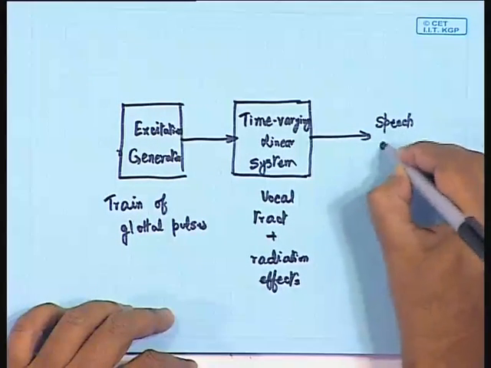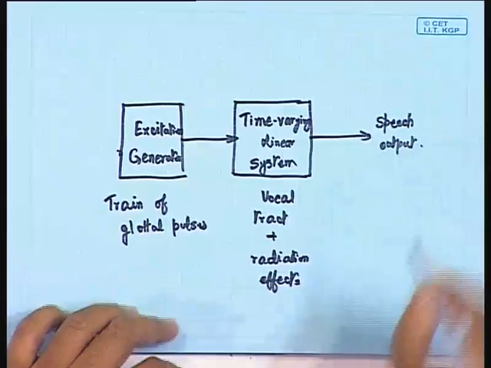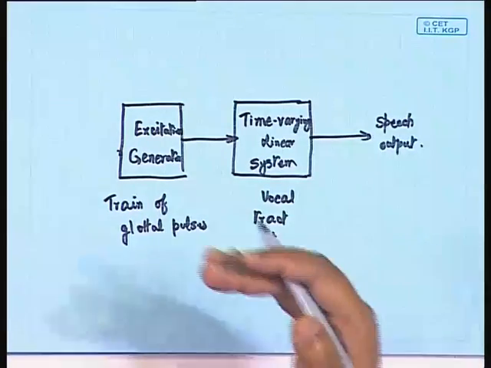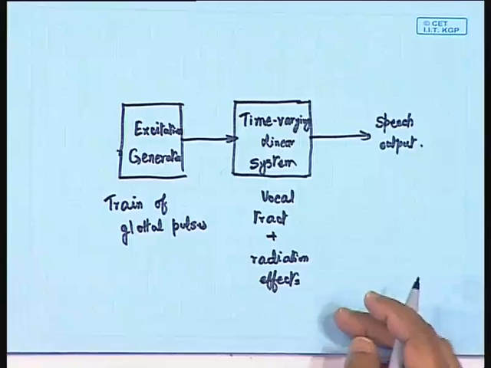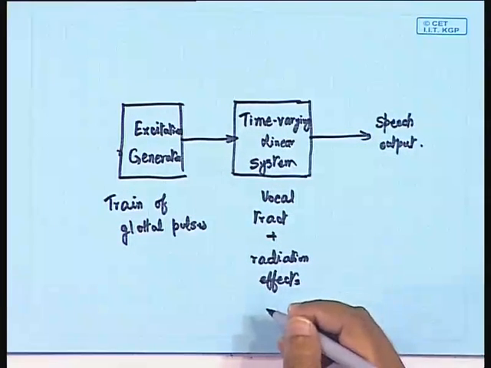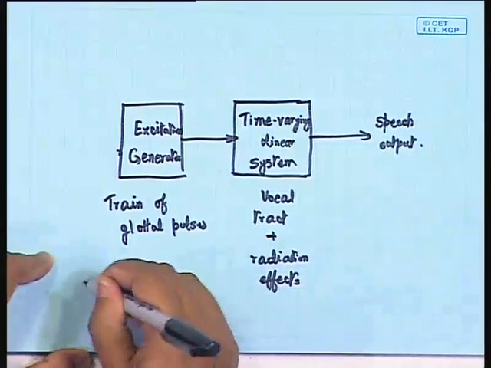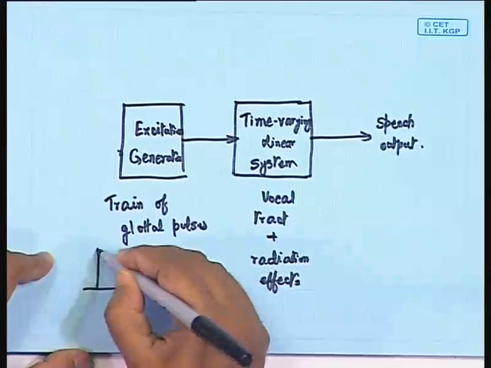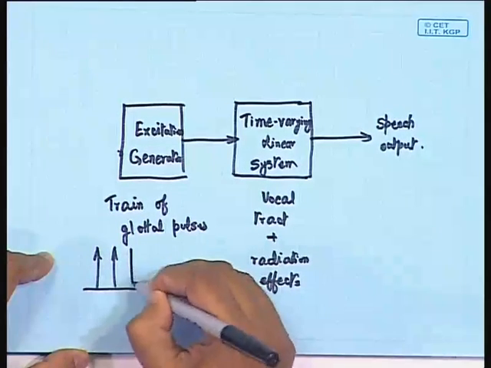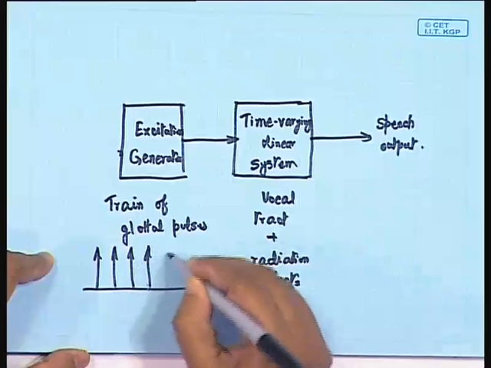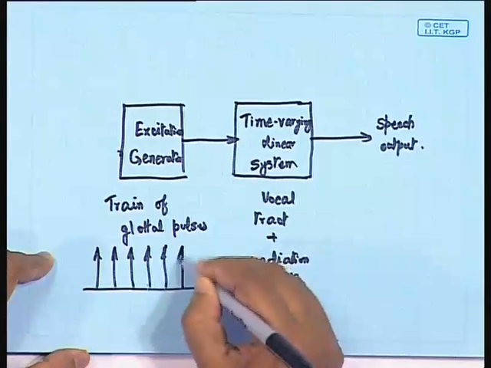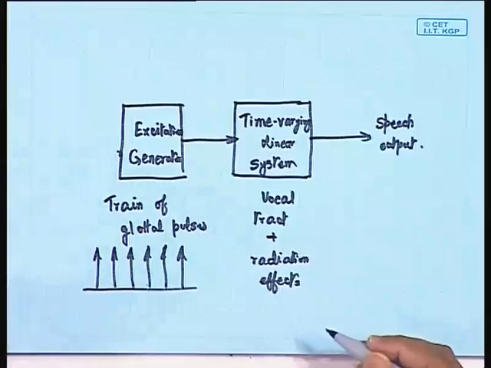So this is the simple model. Now, having known the excitation generation part, if it is a train of glottal pulses, we may represent it something like this. Say these are the pulses, which are produced periodically, or better to call it, as I have always been telling you, quasi-periodicity, because you cannot assume that it is perfectly periodic; it is just a quasi-periodicity that can be assumed.